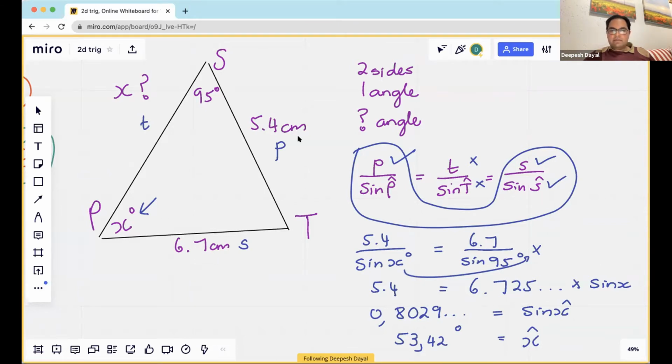It was 5.4 divided by 6.725, which gives me 0.8029... Okay. It's probably because you're rounding off. Remember, I'm not rounding off the whole way. I'm using the answer button.